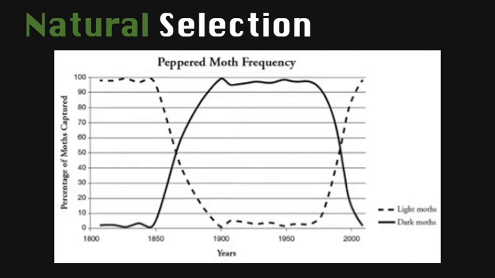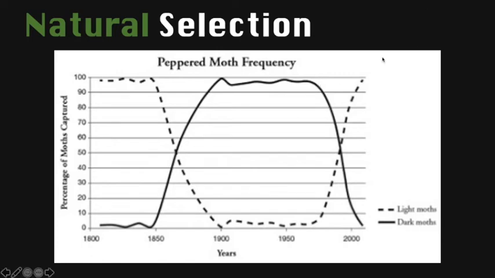And then in 1980, some regulations kicked in about polluting the environment and stuff like that. And those trees were no longer covered with this sort of black soot. So, what happened then? The trees were white again. So, what do you expect?